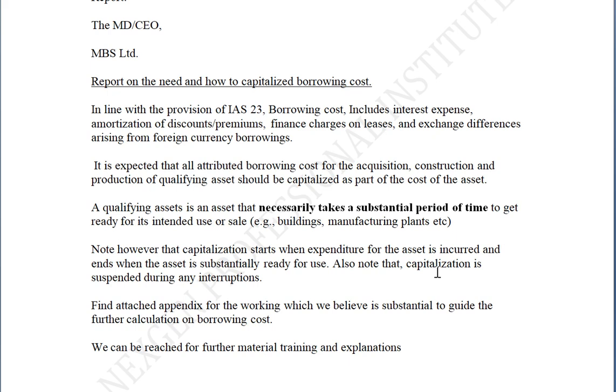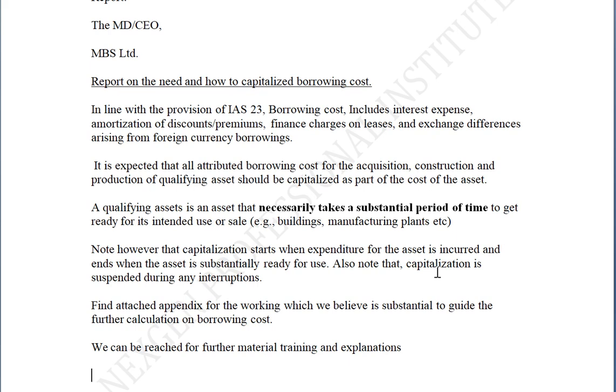Any interruption means that when production or construction is halted, borrowing cost does not apply. Anytime there is a halt, a glitch, maybe a technical malfunction and the like, you can ascertain that there is a suspension. Borrowing costs do not cover that period of time.